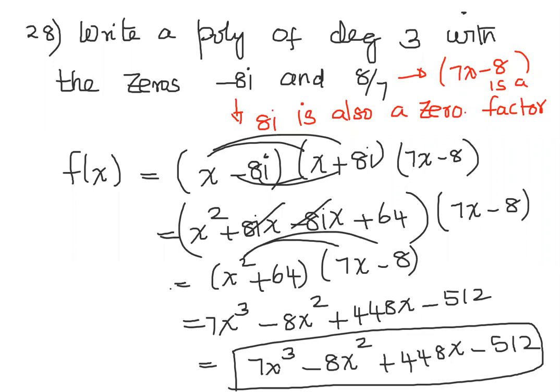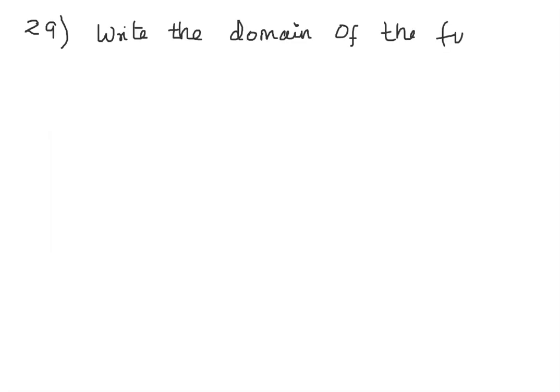So next one, number 29, we have to write the domain of the rational function. We have to write it in the interval notation.